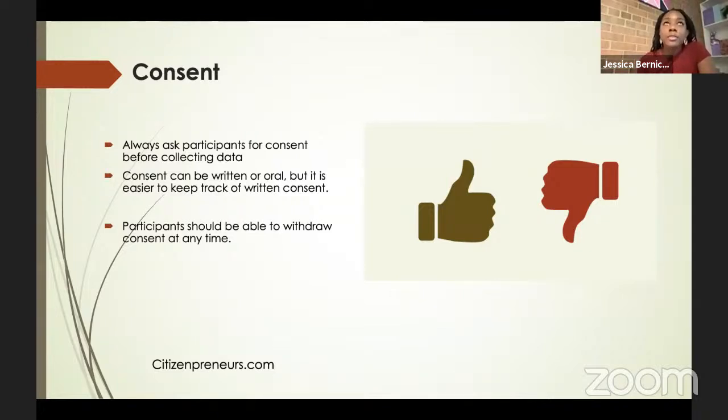So one thing that has come up during my time with CEEP is, for example, if someone's doing an interview, people have done interviews where they've collected all this data. And for interviews, you usually want to record the person so that you can go back and transcribe the interview, and for posterity, you have what the person actually said instead of notes, which can change and shift what that person actually said.